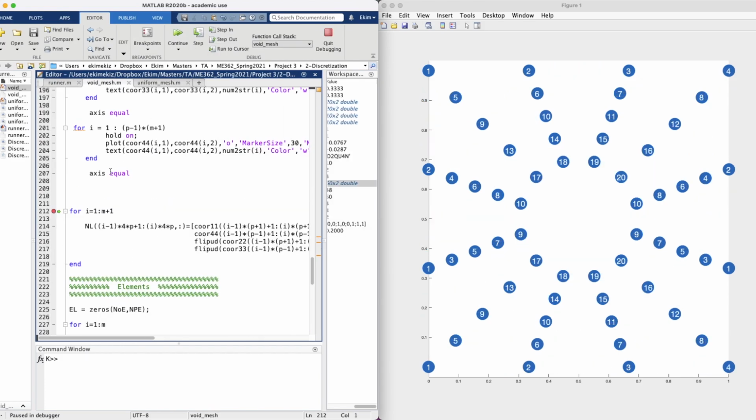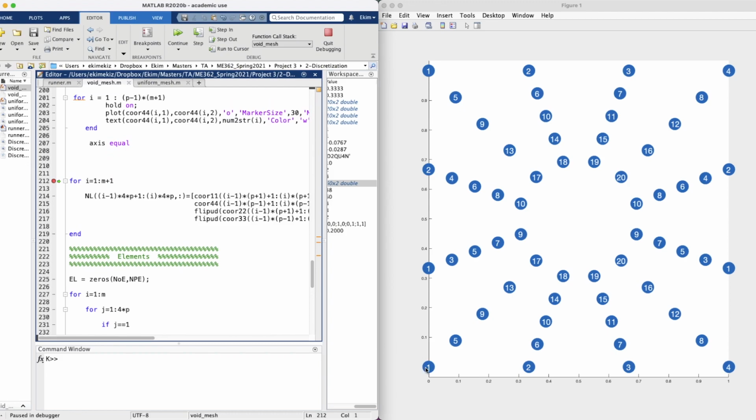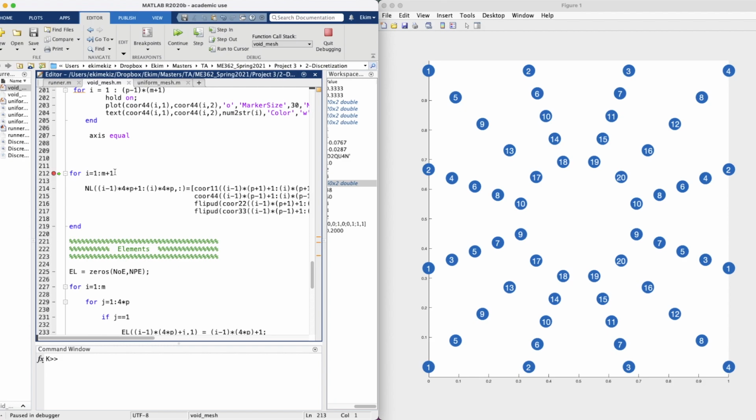Okay, so what we want to do is take the first row of the first region and then add to it the first row of the second region, the fourth region, and so on. So we have a loop over 1 to m plus 1, because we have m plus 1 rows of nodes, right?